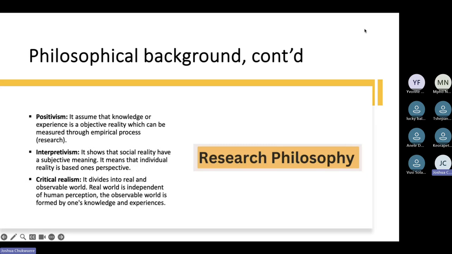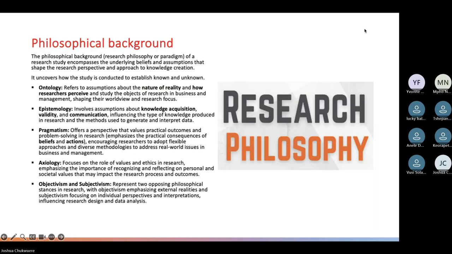And these are all different kinds of research philosophy that you can play with when you are choosing how to understand the belief and the norm of the people involved in your research.